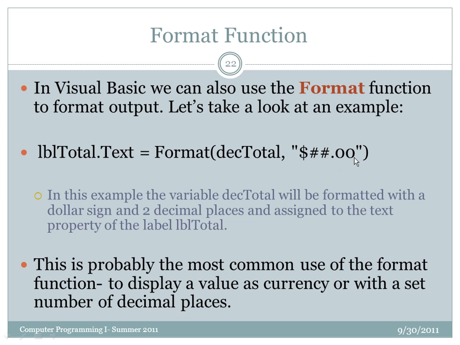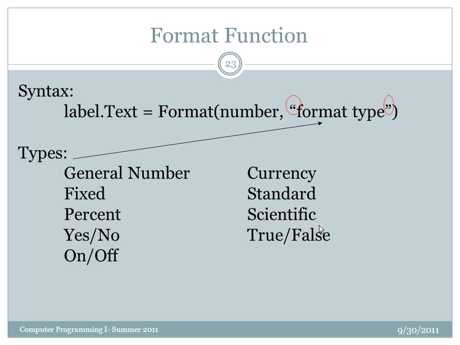Notice here it says .00, so we want it to be 0, so it'll round whatever. Otherwise, you would have pound pound if you wanted the decimal places shown. Now, this is the most common use of the format function, into currency. However, there are others that can be used.